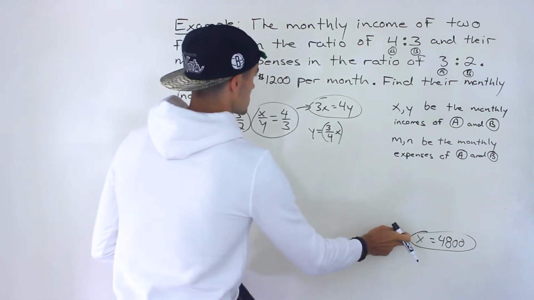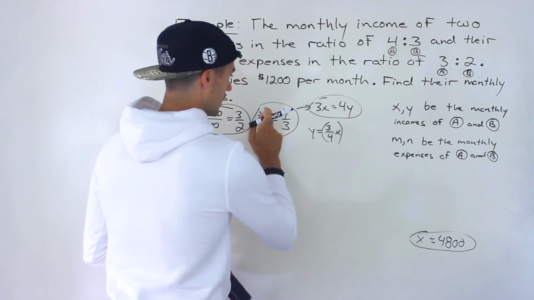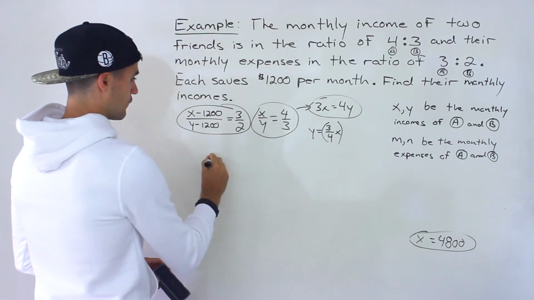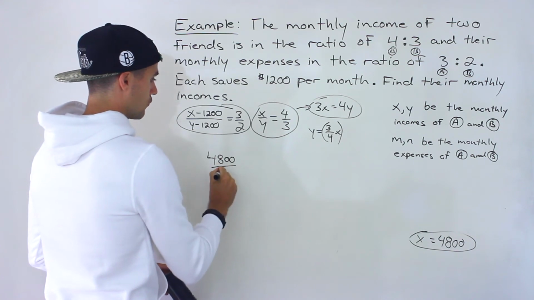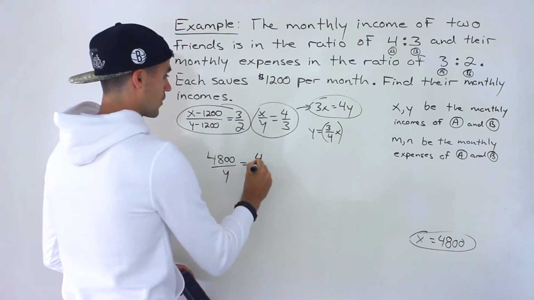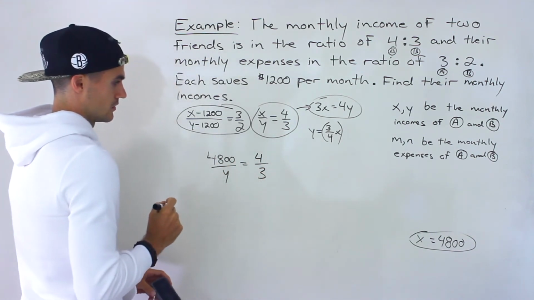So if I plug it in here, we'd have 4800 over y is equal to 4 over 3.